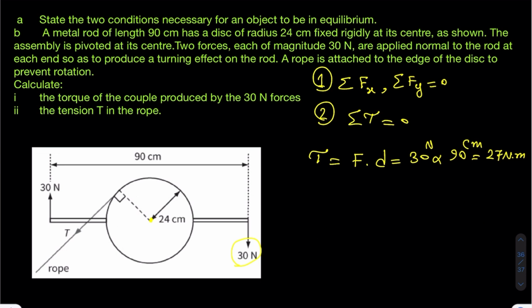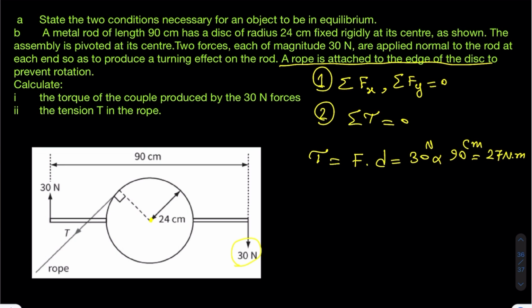Okay, 27 Newton meters. And on the other hand, we see there is a rope attached to the disc, which prevents this disc from rotating. That means this disc is in equilibrium, as the problem says. The rope is attached to the edge of the disc to prevent rotation.